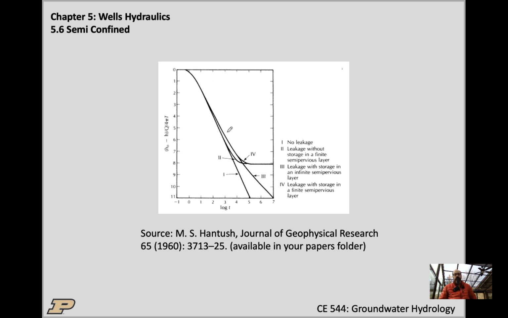Now you can get into a different sort of linear regime that goes on forever if it's completely confined. Assuming this is a water table aquifer, like an unconfined aquifer, then you do get to that complete equilibrium. And again, I cite Hantush here. He has many of the seminal papers on these problems, and I will put that in your papers folder online.